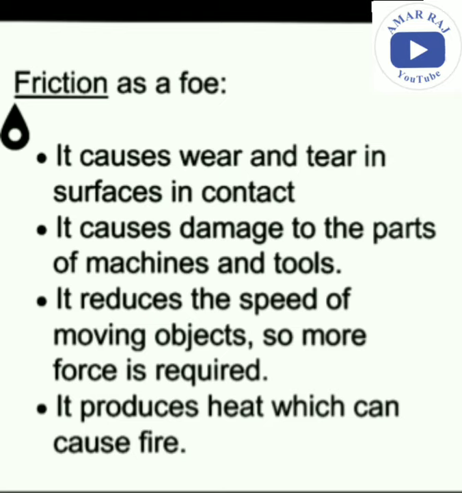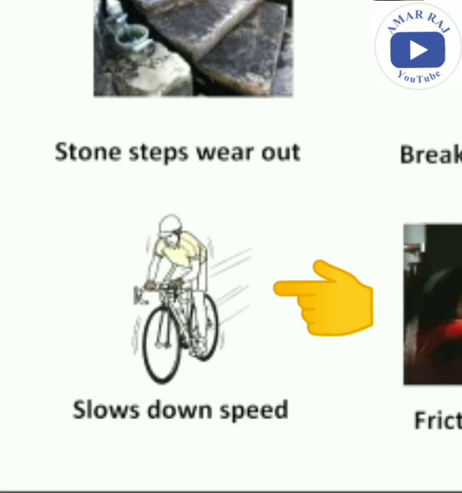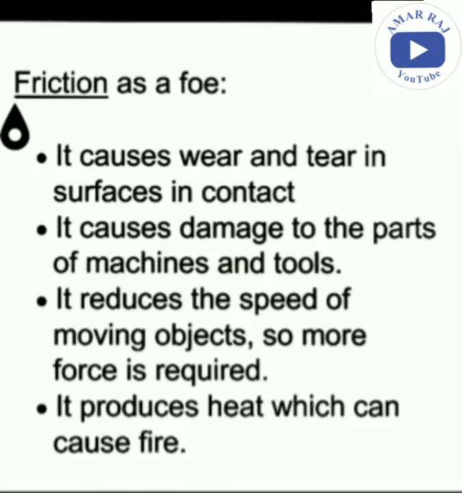This is also related to the first example, that is, wearing and tearing due to rubbing and friction. Third example: it reduces the speed of moving objects, so more force is required. Students, due to friction, to continue a motion or to move a body, you have to apply extra force so that friction can be overcome.